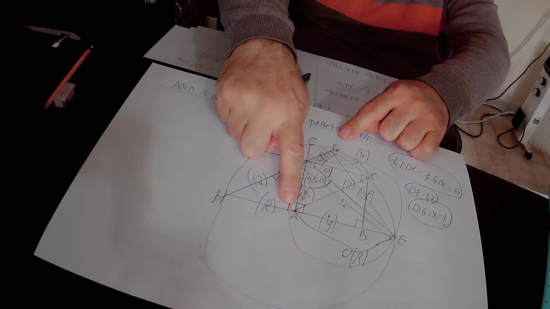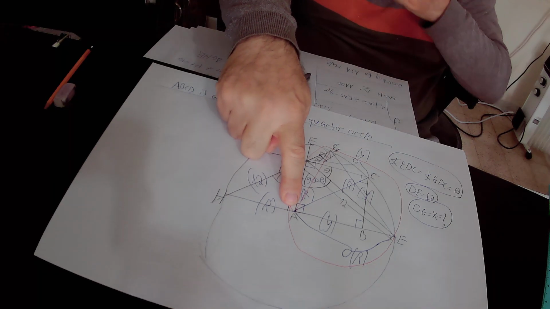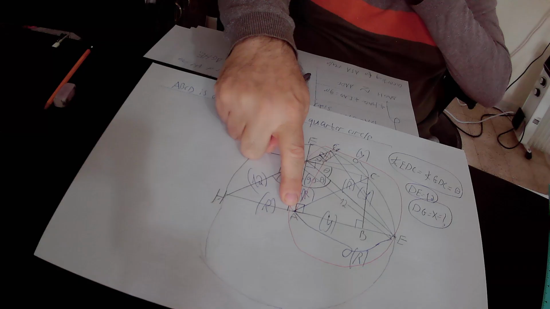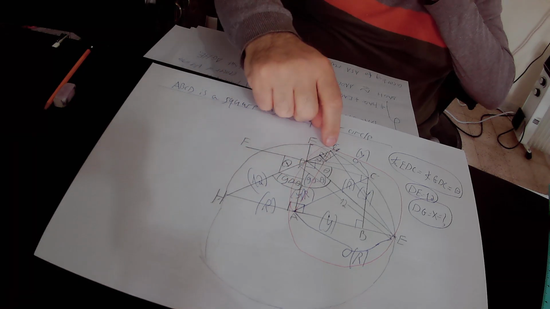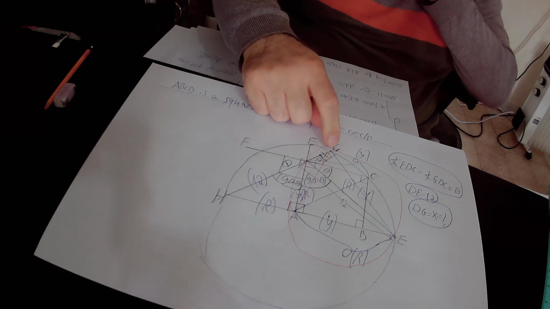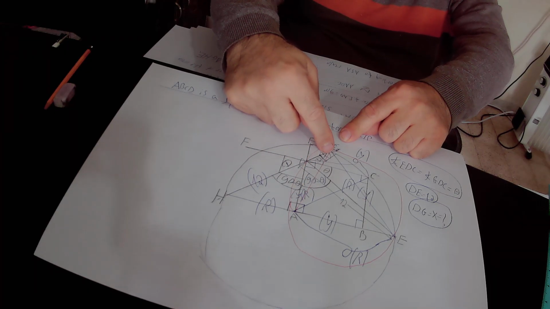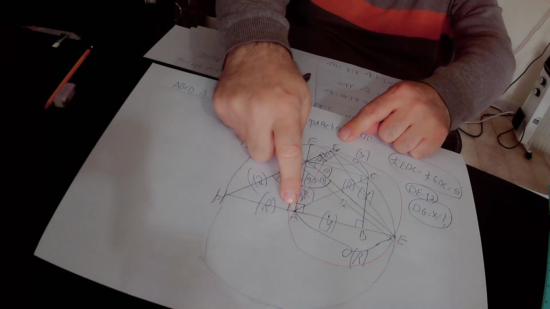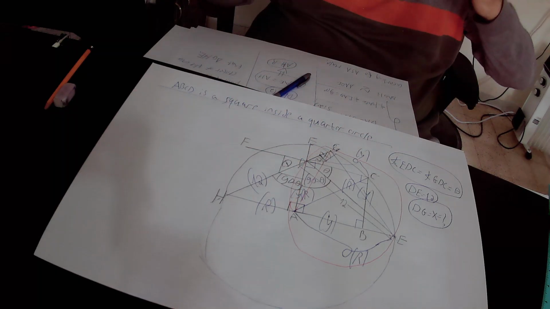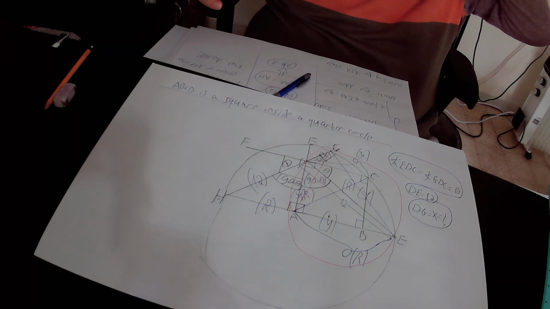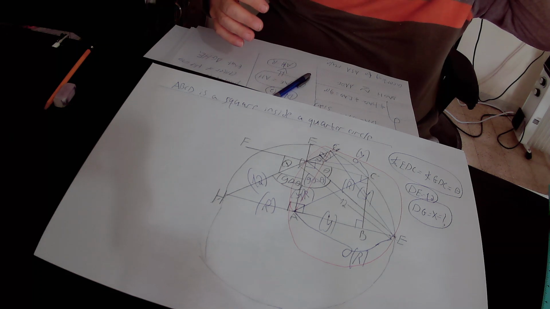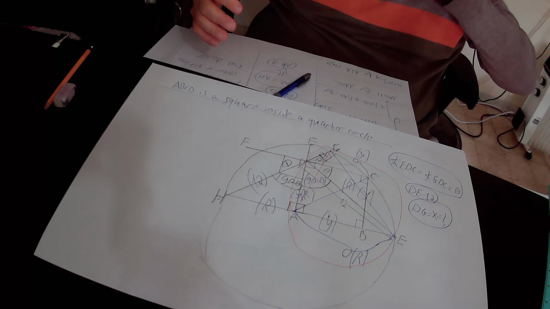Because point A is the center of the quarter circle, and point G is a point on the quarter circle itself. This is exactly the definition of a radius. Therefore, AG equals R. And therefore, point A is the circumcenter of triangle HGE.